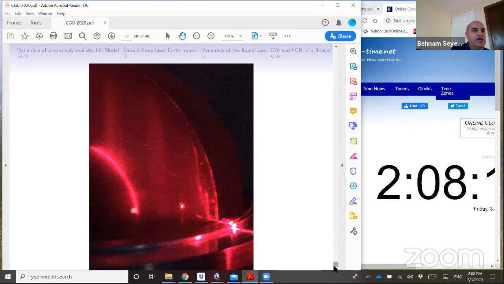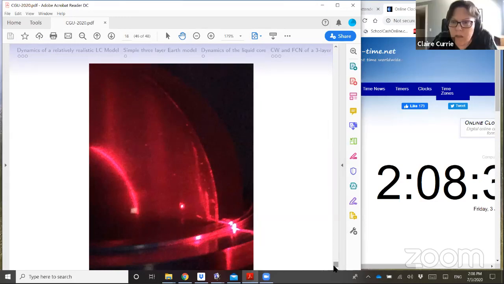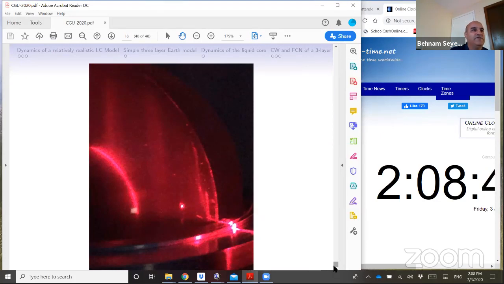But Chandler wobble and inner core wobble are affected, their frequency and period are affected by the presence of the liquid core. Chandler wobble is that Eulerian wobble of the rigid body, but then it's modified by the presence of the fluid core. Yes. Okay. Great.